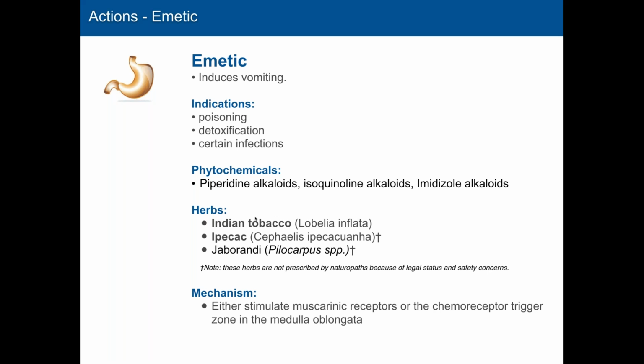It's great for respiratory conditions like bronchitis, where there's a lot of phlegm and mucus accumulating in the lungs, and you want to expectorate and help to cough that out.